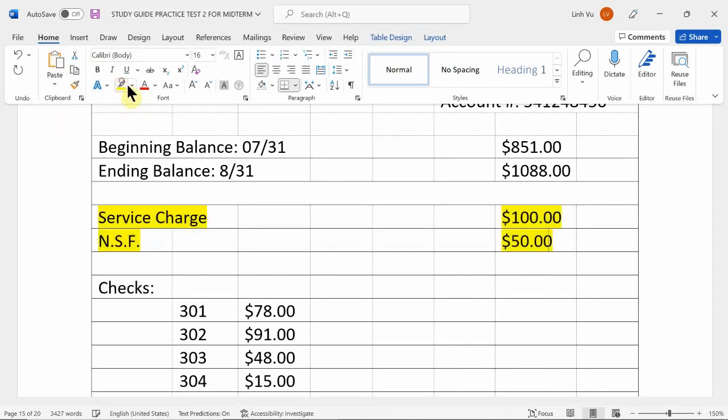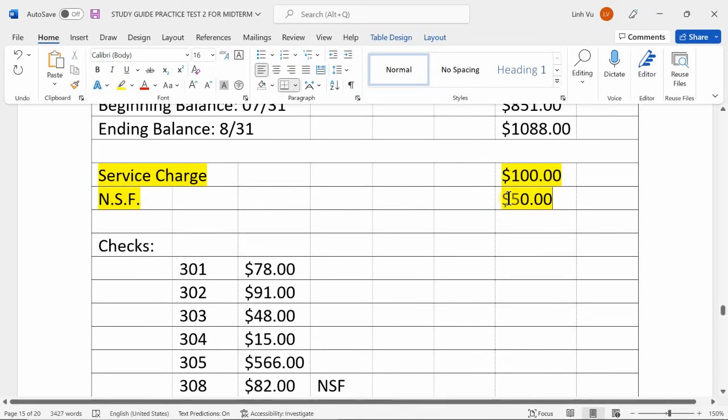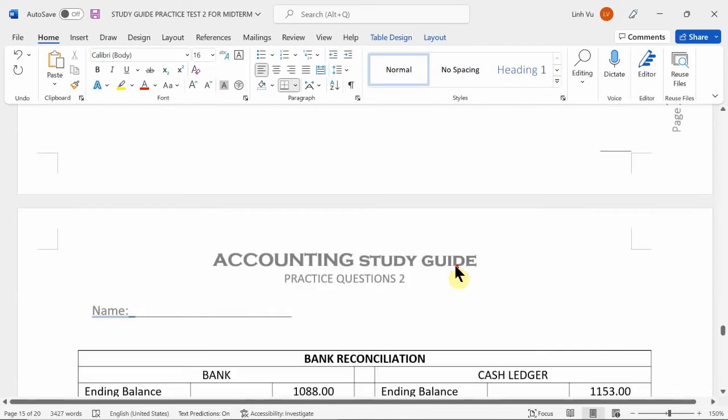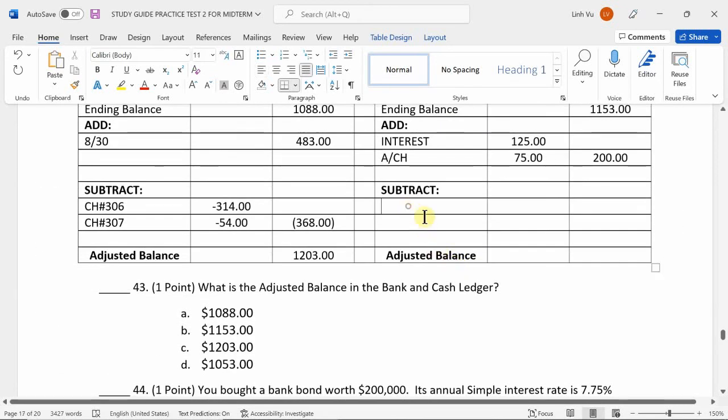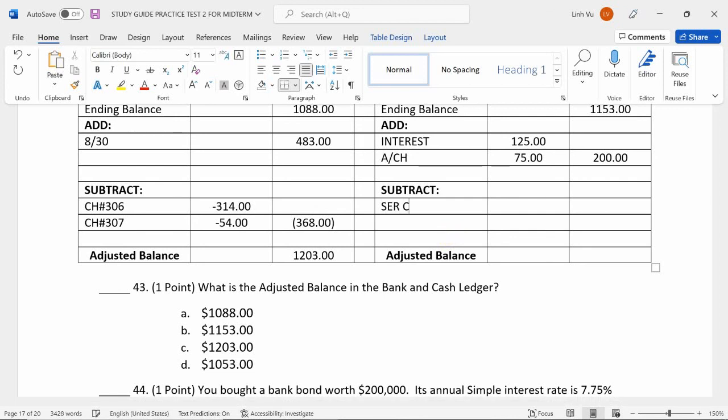Okay, so $100 service charge and $50 NSF fee. Here you're going to subtract your service charge, $100, and you also had an NSF fee of $50. So therefore, you need to subtract $150 from your account.